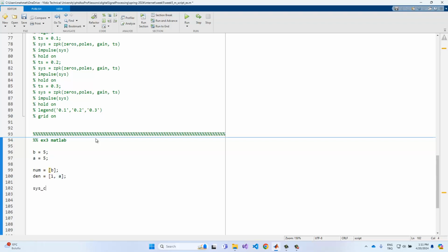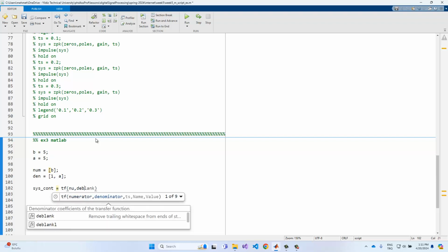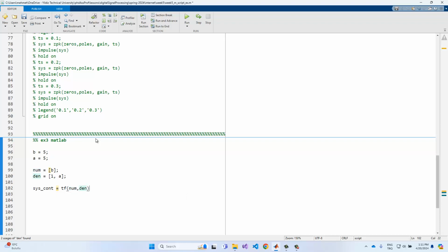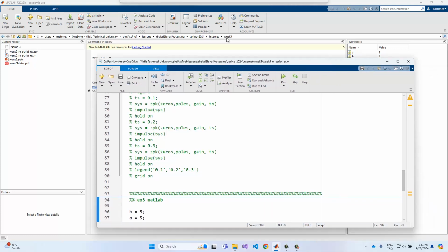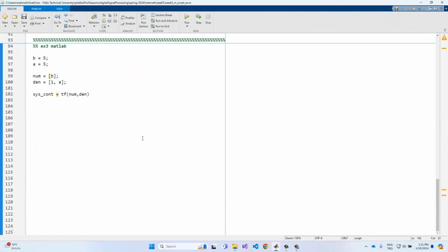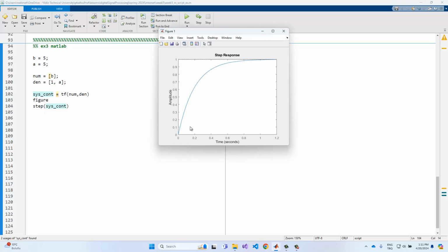So this continuous transfer function can be defined with the num and den. If we run this code, we have the transfer function 5 divided by s plus 5. Okay, so we can draw the figure for the given continuous system with the unit step response in here.